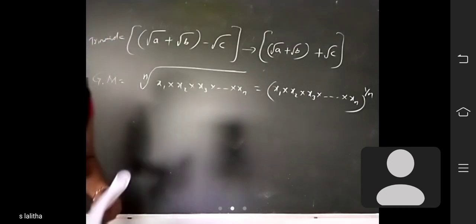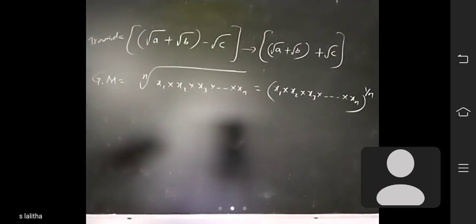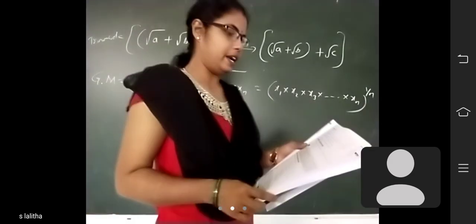Come on, write those formulas. Another formula: square root of a binomial surd.